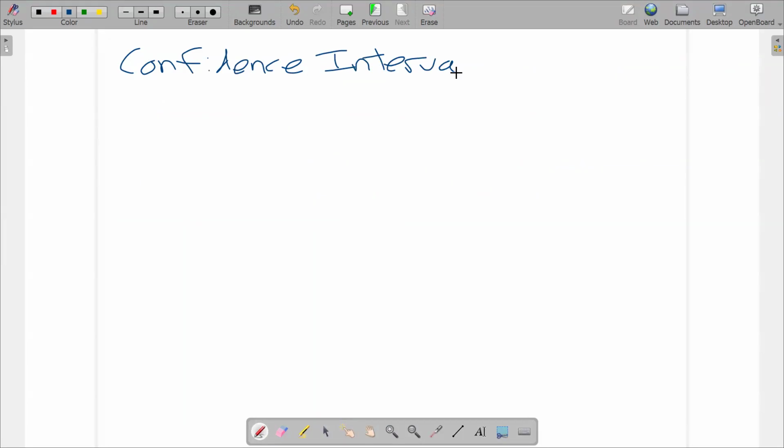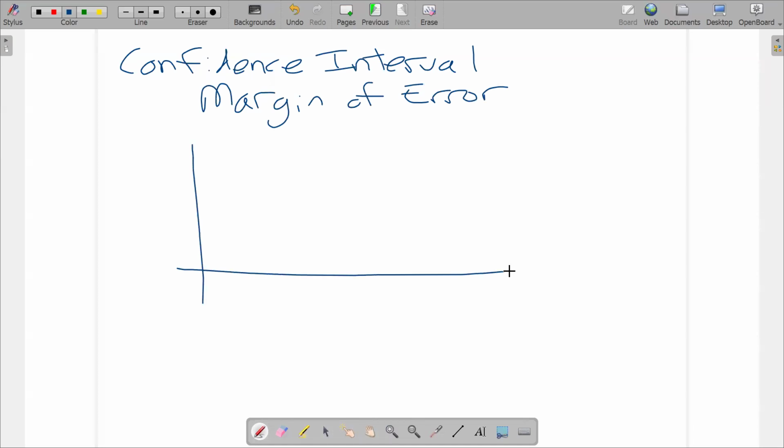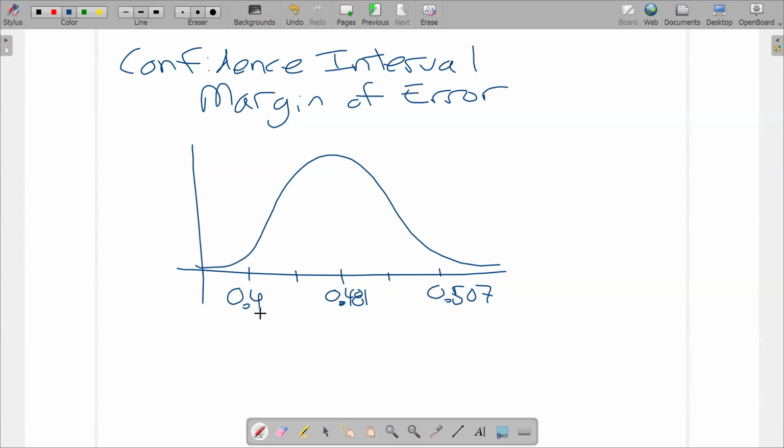Confidence interval, margin of error. I'm going to illustrate that based on the graph we made a minute ago. We had a histogram of sample proportions that looked kind of like that. In the middle over here was 0.481. Then we measured out 2 standard deviations to the right and got 0.507, and 2 standard deviations to the left and got 0.455.